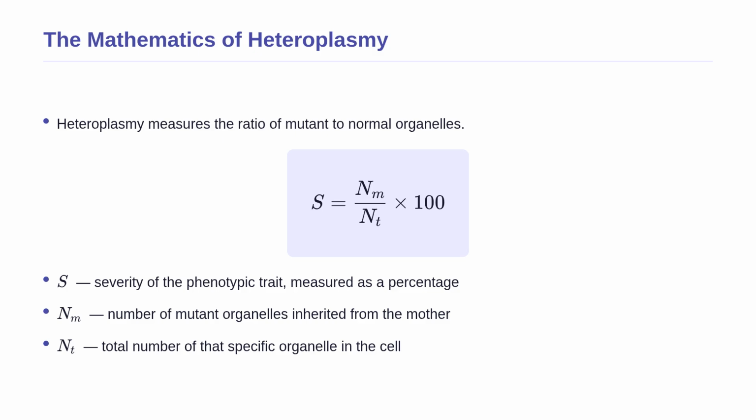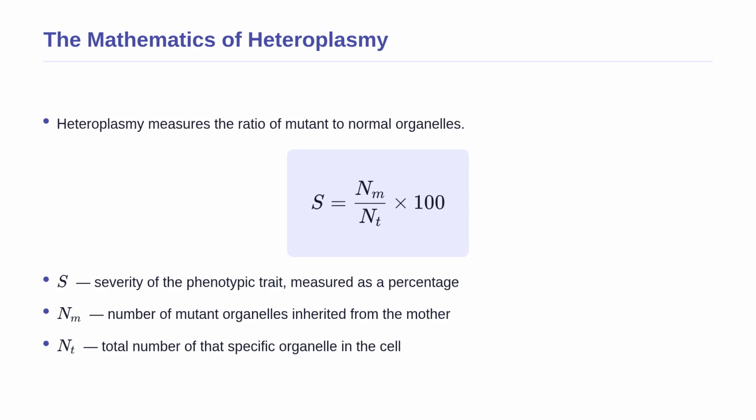Since we know these diseases are passed through the mother's cytoplasm, we need a way to measure their impact. This brings us to the concept of heteroplasmy. The formula you see here calculates the severity of an extranuclear disease. S represents the severity of the physical symptoms expressed by the offspring, measured as a percentage.